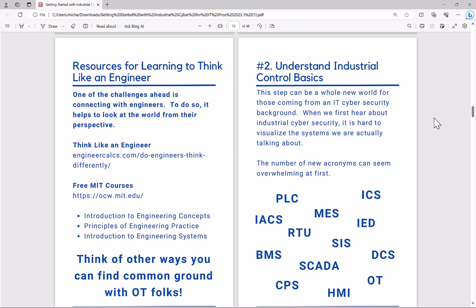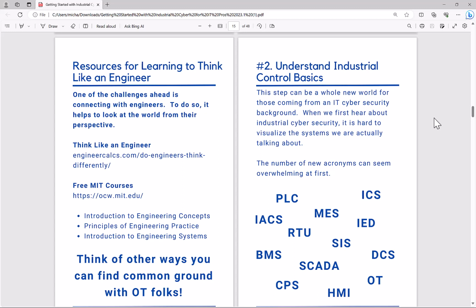So the more time you can put into it, the more you can learn like an engineer, and so much the better. It helps build that bond, right? It allows you to have much better, more meaningful conversations with folks on the control system side and better protect our environments.